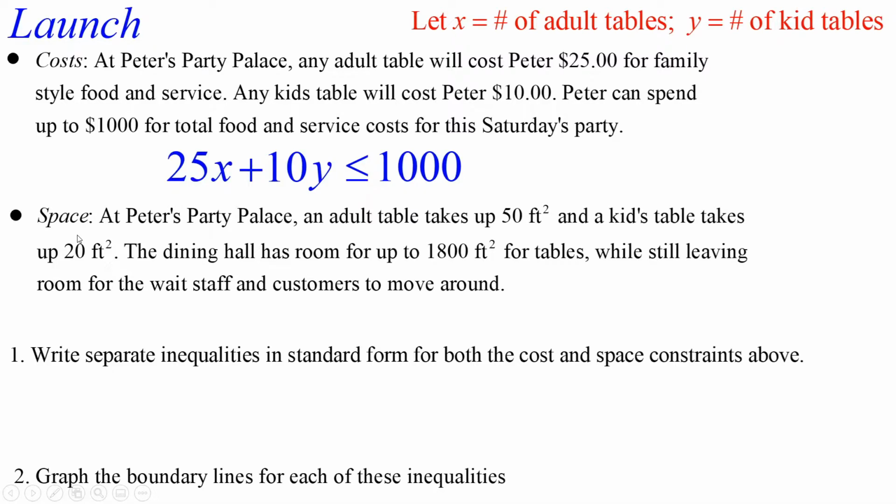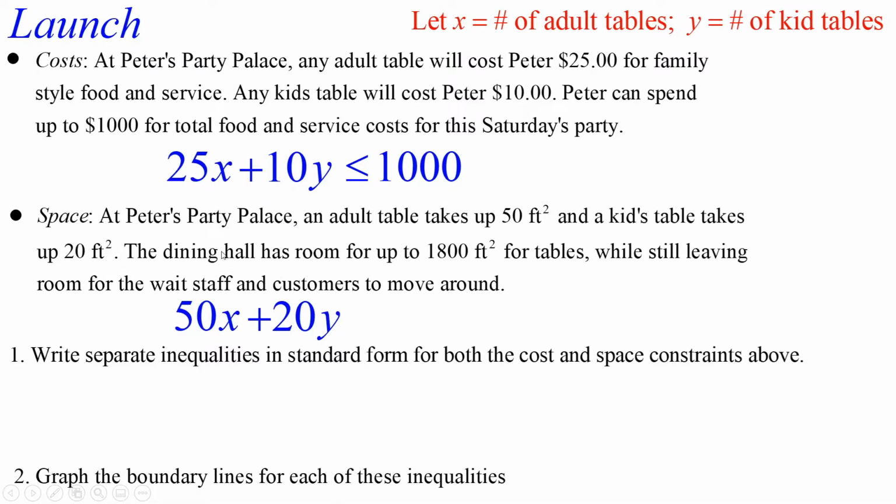So at Peter's Party Palace, an adult table takes up 50 square feet. All right, so 50 square feet for every adult table, and a kids table takes up 20 square feet. So how about we go 50 times x, the number of adult tables, plus 20 times y, the number of kids tables, and let's figure out how much space we have.